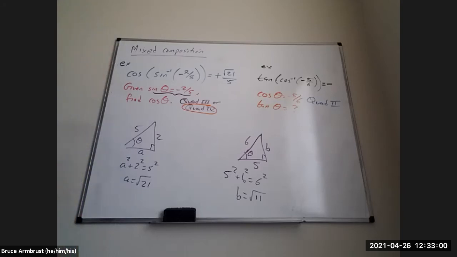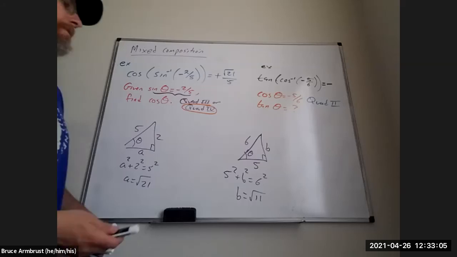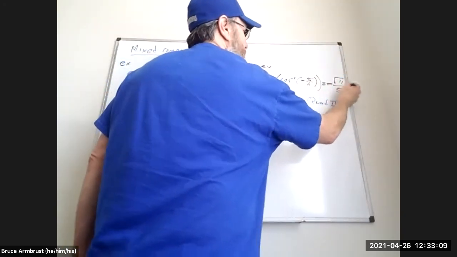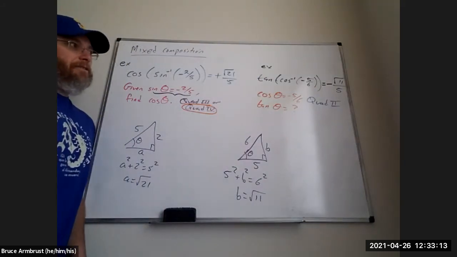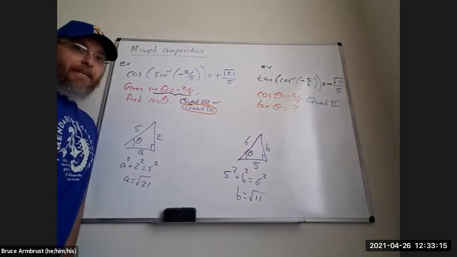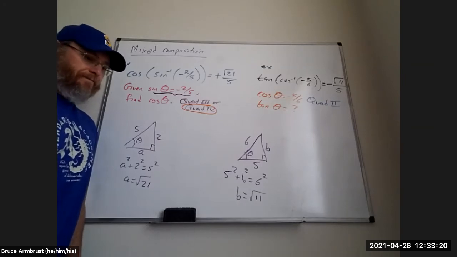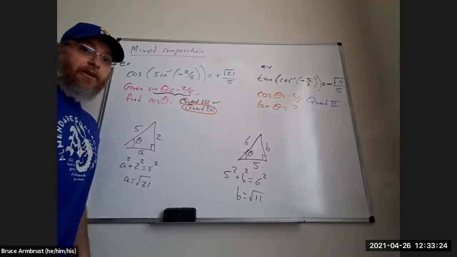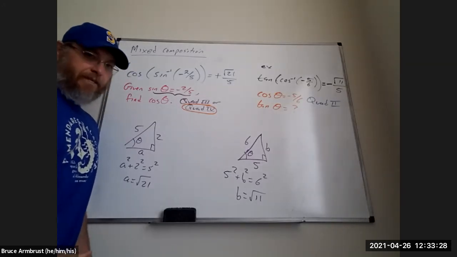So tangent is opposite over adjacent. So it's going to be the square root of 11 divided by 5. So the tangent of the inverse cosine of minus 5/6 is negative root 11 over 5. And there you go. Okay, so mixed composition.